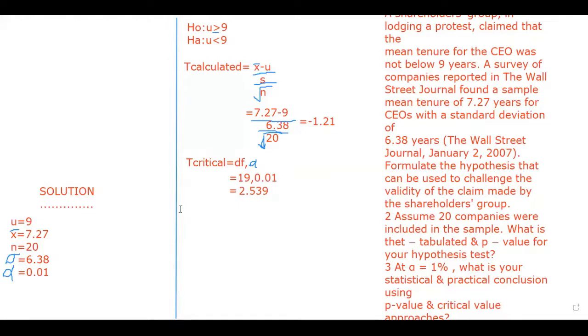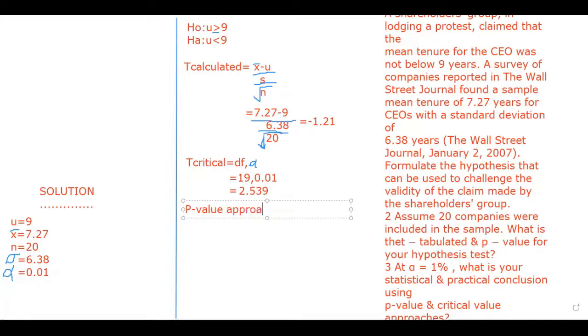Now we know this. So we should pass the statistical and practical conclusion using the p-value approach and critical value approach. So this time let's start with the p-value approach first.